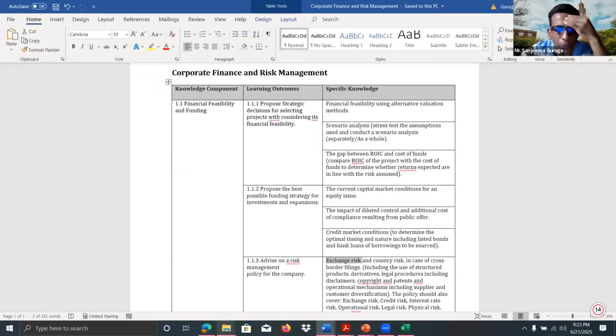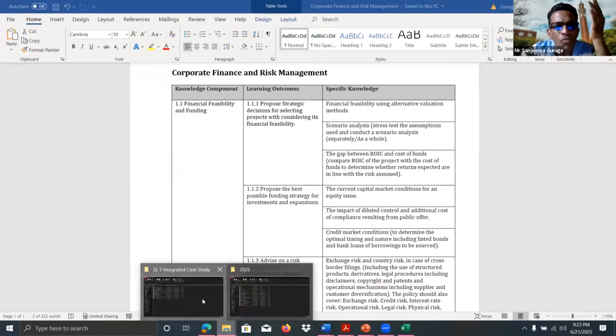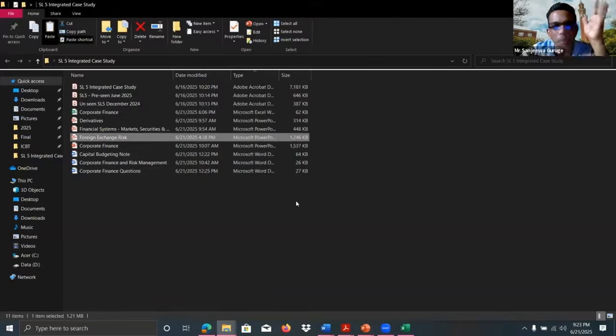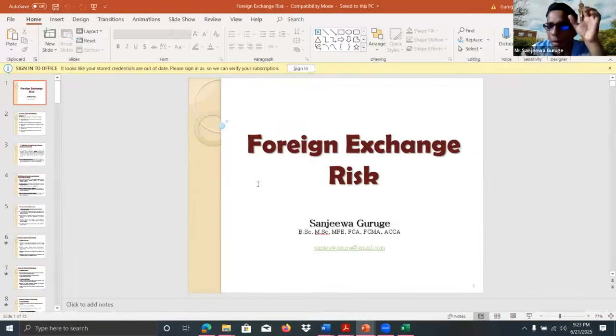And since we don't have much time, this material I will share with you. This one also I will share, which includes some good information relating to foreign exchange risk, because foreign exchange risk is a very, very important part when we are analyzing risk.